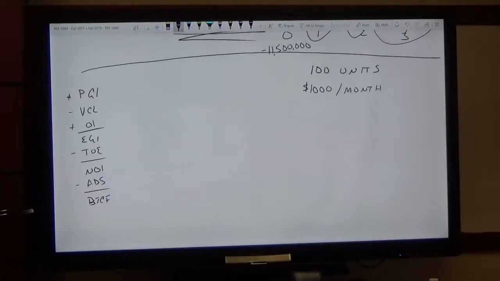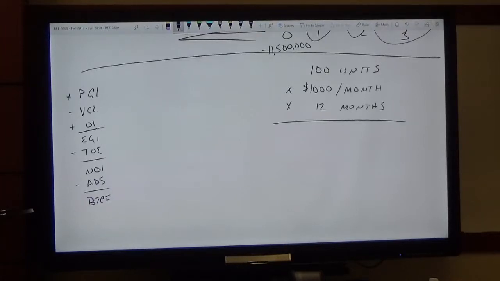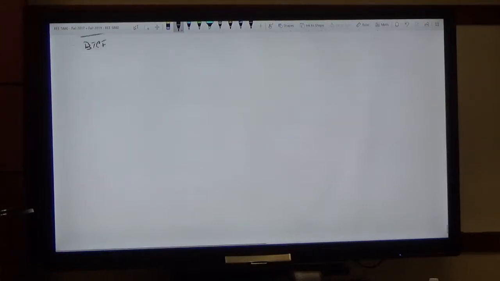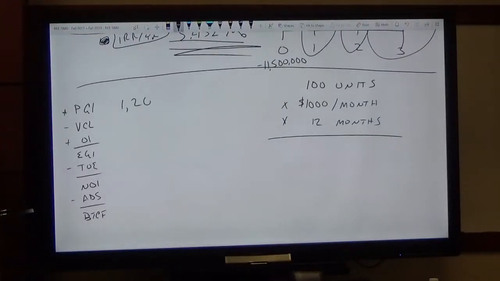All right, so let's get our annual income off of this property. So it's going to be basically 100 units, we've already got it there, we're inventing it, times $1,000 a month times 12 months to give us $1,200,000 as our potential gross income.